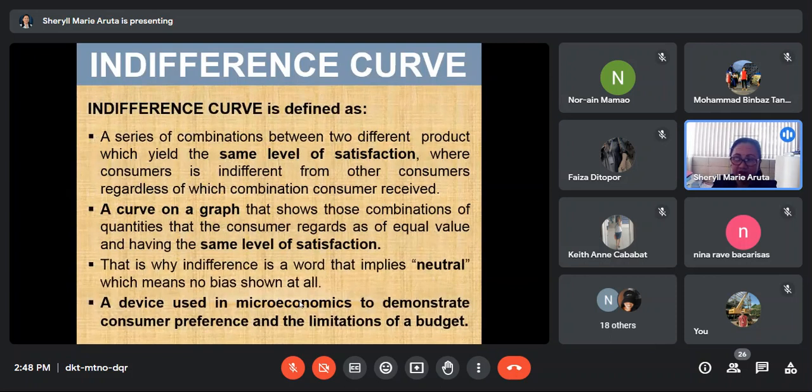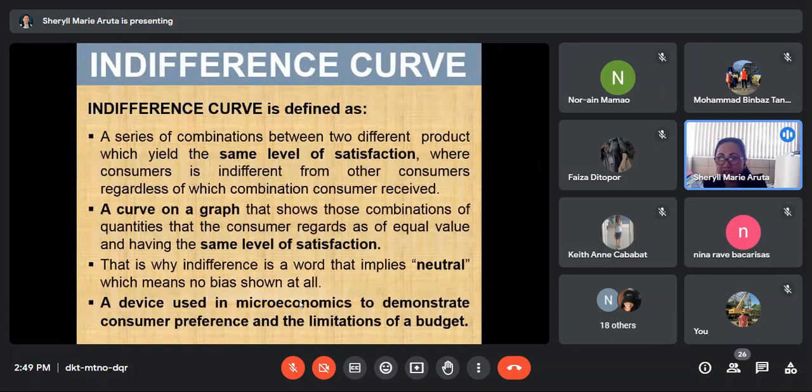So a curve on a graph shows the combination of the quantities that the consumer regards as of equal value and having the same level of satisfaction. So katong si point A, B, C, D, and E, parihara to siya, neutral ang iyang idea ato. Because ang word na indifference in economics implies neutrality.